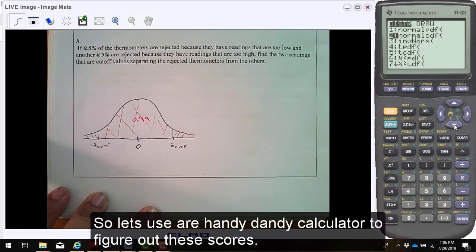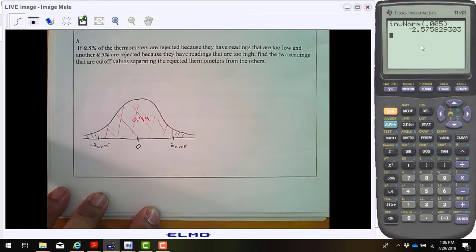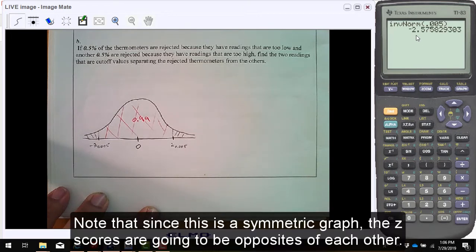So let's use our handy dandy calculator to figure out these scores. Note that since this is a symmetric graph, the z-scores are going to be opposites of each other.